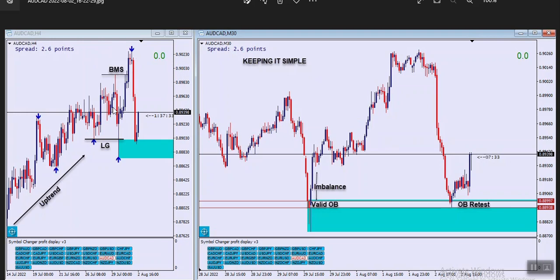So if you can identify these areas where we have this rejection and price pushes away, then come back to a lower time frame on that rejection and see a valid order block, price will tend to come back to that order block, then you take a buy or sell from that order block as the case may be, right?